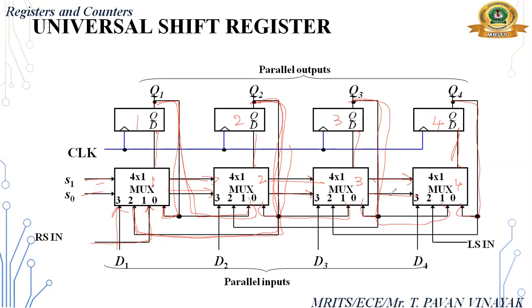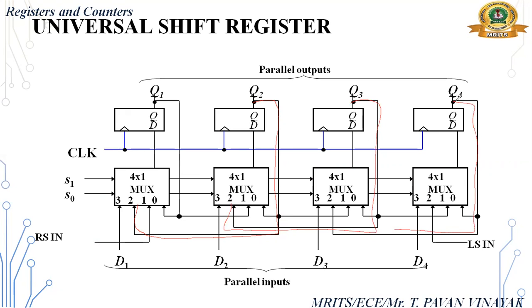Next, left shift: for the first flip-flop you have to get Q2, then Q3, next Q4. Here we get the left shift input, right?